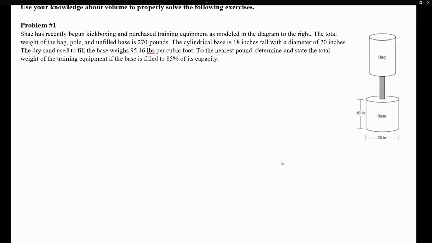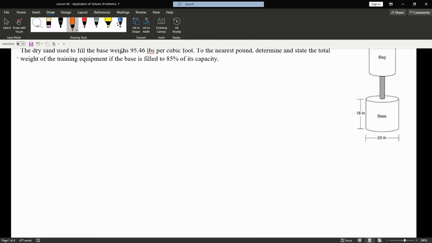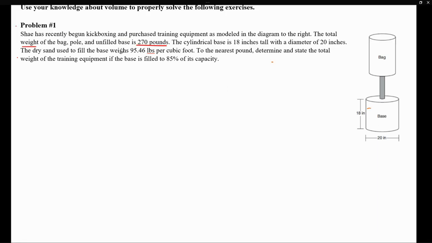So what we're trying to do here is, we have an equipment and the total weight of the equipment is 270 pounds. And what we want to do to this equipment is, the base is a cylinder, which can be filled with any substance, but right now we're going to fill it with sand up to 85% of its full capacity.